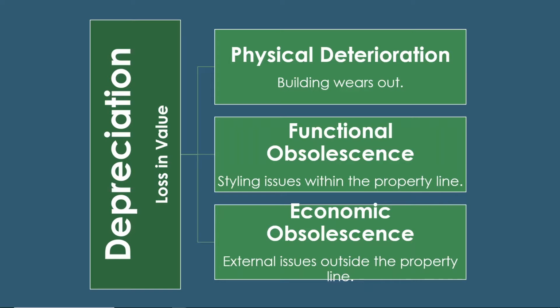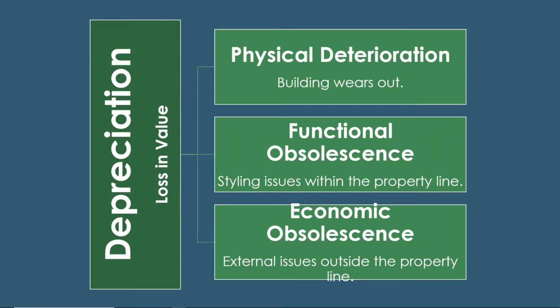Or maybe you have a one-car garage and everyone has two-car garages. Or maybe your property is very dated styling-wise, maybe with the 90s gold, the tile countertops, the oak cabinets, a very 90s vibe and maybe a very closed floor plan instead of an open floor plan. So those are styling issues within the property, not the actual wearing out of the property.